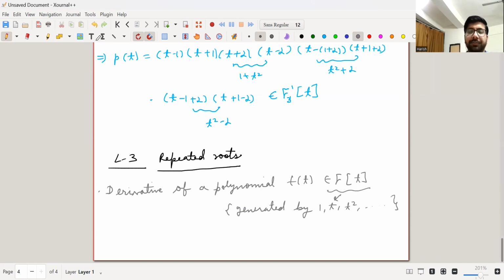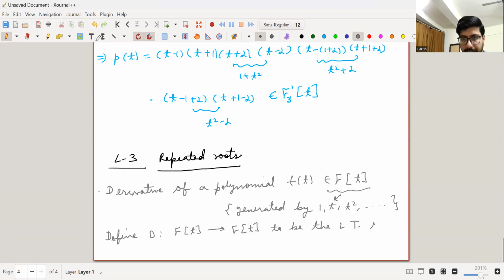So what one has to do, this derivative is defined in that sense: define D, which is a function from F[t] to F[t], to be the linear transformation, not just the function, such that D of t^n is equal to n times t^(n-1). And this is for all n greater than or equal to 0.